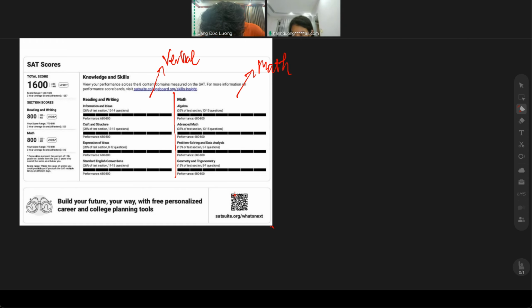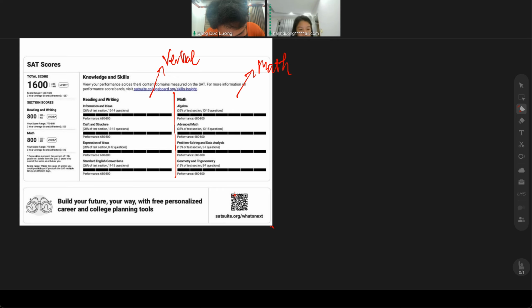The first one is information and ideas, and it will make up 26% of the test, 12 to 14 questions.